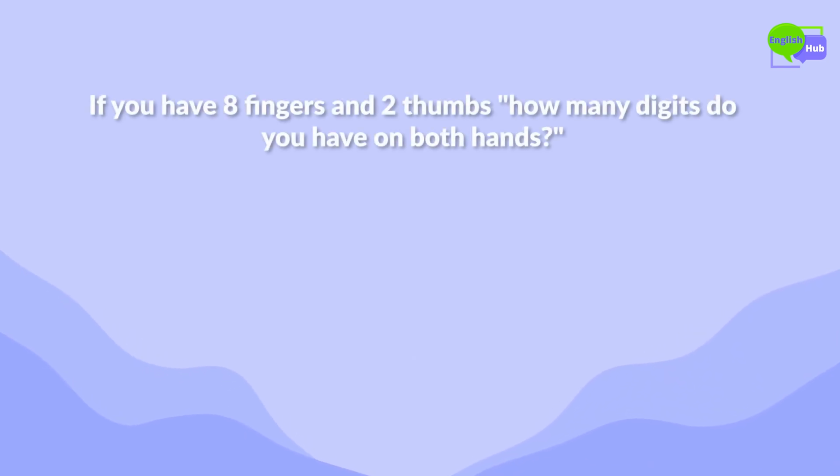If you have 8 fingers and 2 thumbs, how many digits do you have on both hands?